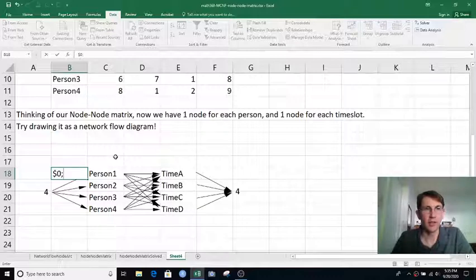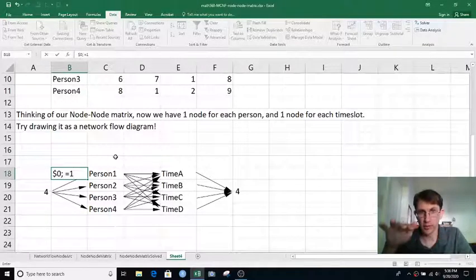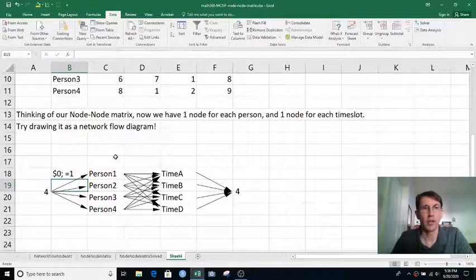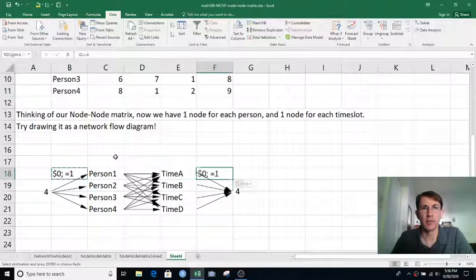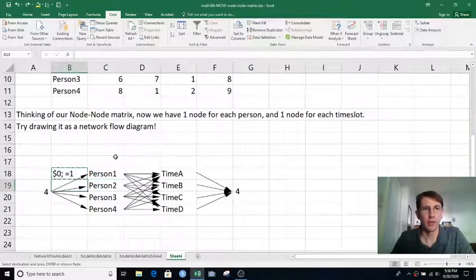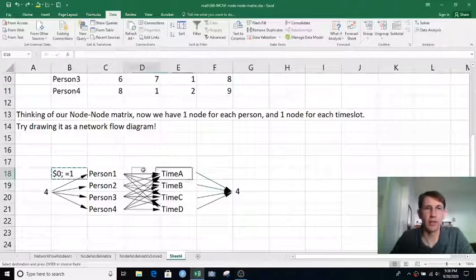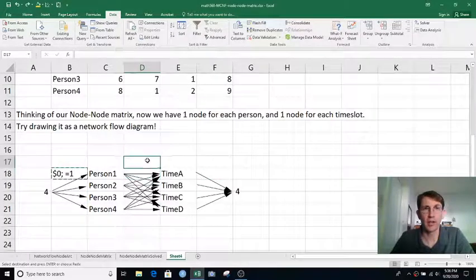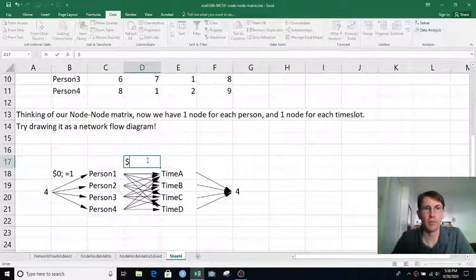So I'd say $0 and a limit of exactly 1. 1 unit of flow goes to 1 person. And then the same thing for these. So that's the same for all those arrows and all those arrows. And then over here, just put the preference as the cost, and less than or equal to 1 unit of flow.